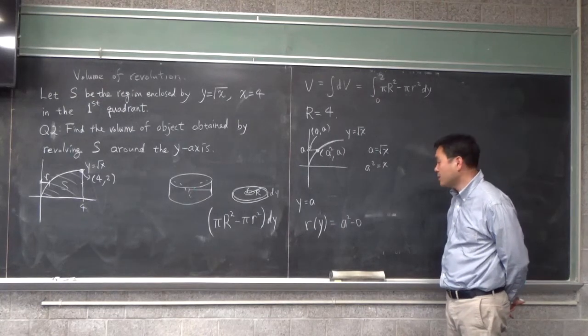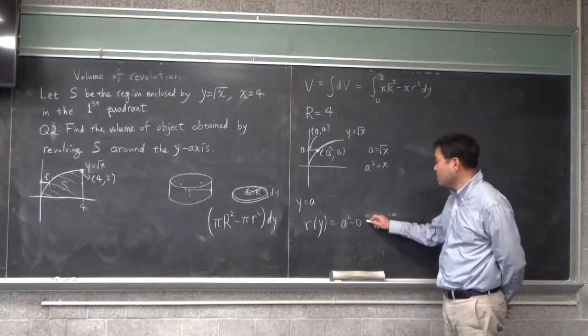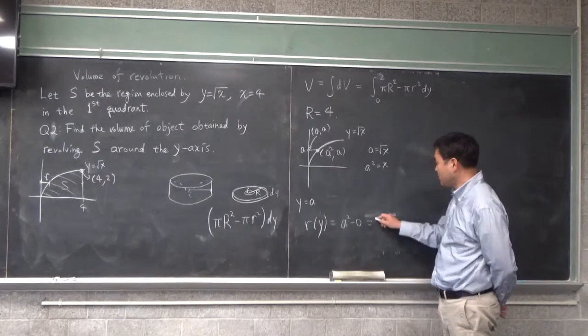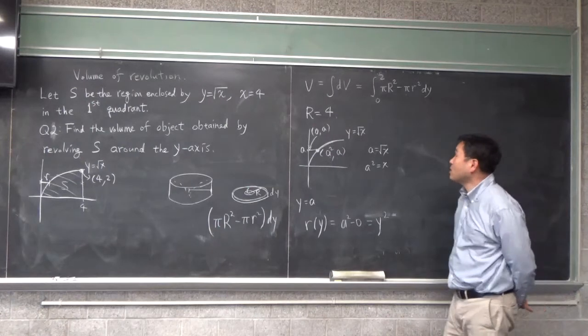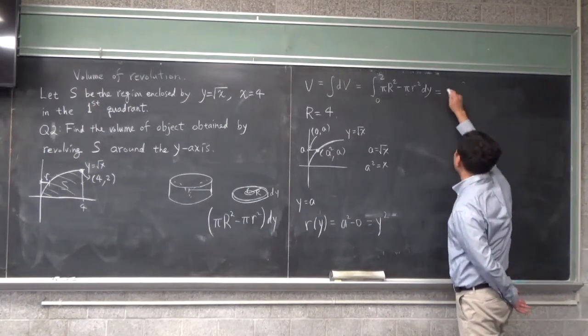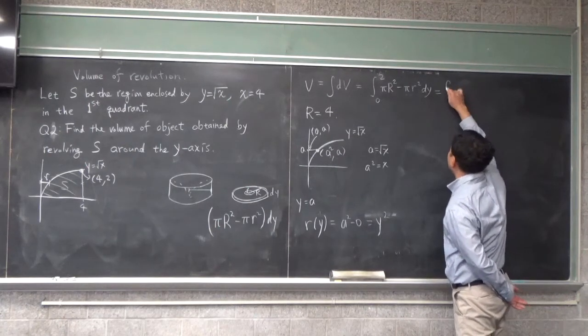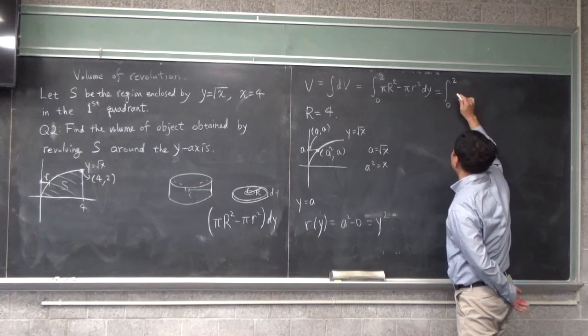It says y squared, because a is y, right? So that's your small r. Now we are almost there. It's now integration ready, 0 to 2.